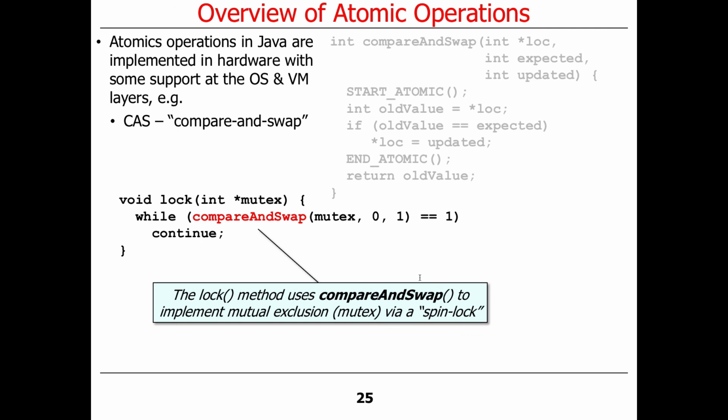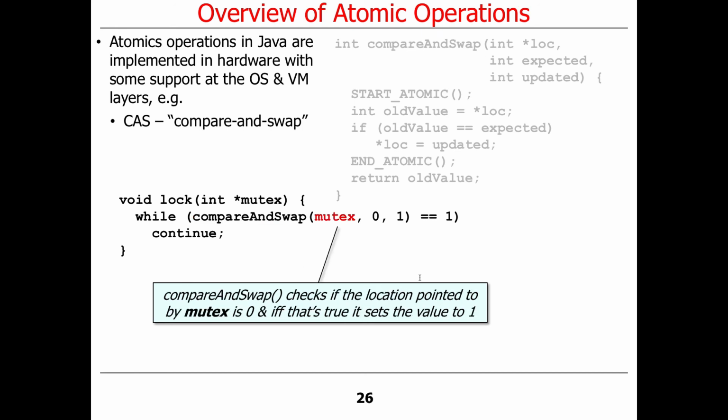So here's what it does. It's going to use the compare and swap method, and compare and swap, as you recall, takes a memory location. It takes the pointer to the mutex pointer, a pointer to a location in memory that stores an int. And it takes the mutex, which is what gets passed in up there, and it checks to see if the mutex's current value is 0.